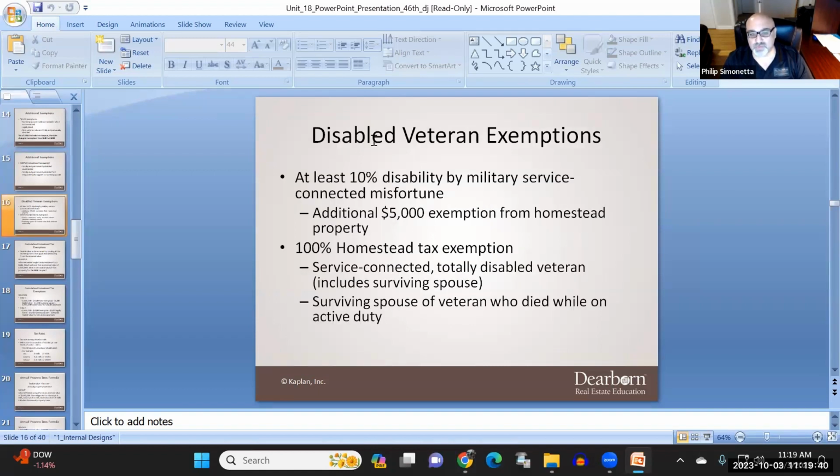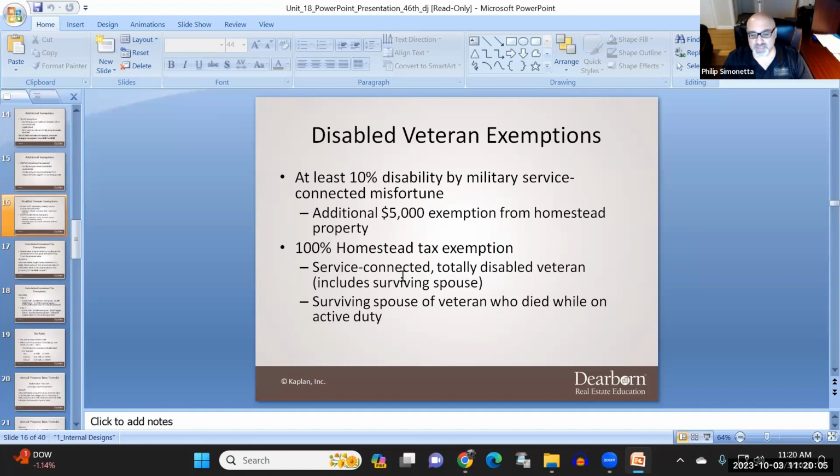Now, there are also additional exemptions for disabled veterans. If a veteran is at least 10% disabled by military service-connected misfortune, they get an additional $5,000 exemption from the homestead property. And also, there's 100% homestead exemption. This means these people would not pay taxes. They're waived.